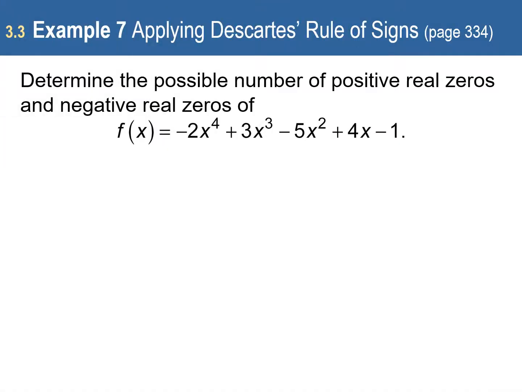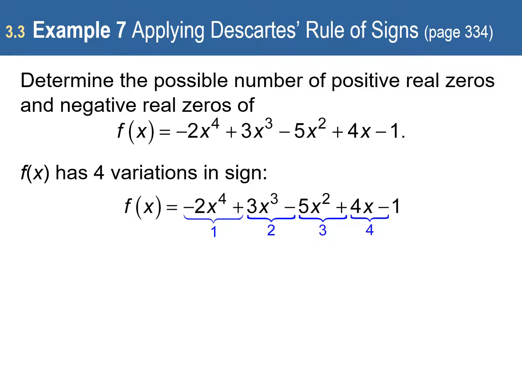So determine the possible number of positive real zeros and negative real zeros of f of x equals negative 2x to the fourth plus 3x cubed minus 5x squared plus 4x minus 1. So it has 4 changes in sign. It goes from negative to positive, positive to negative, negative to positive, positive to negative. So that's 4 sign changes.